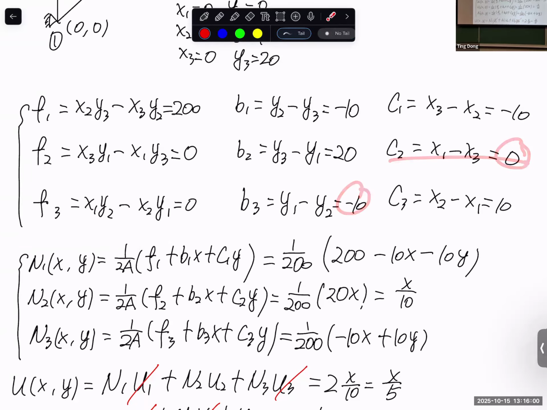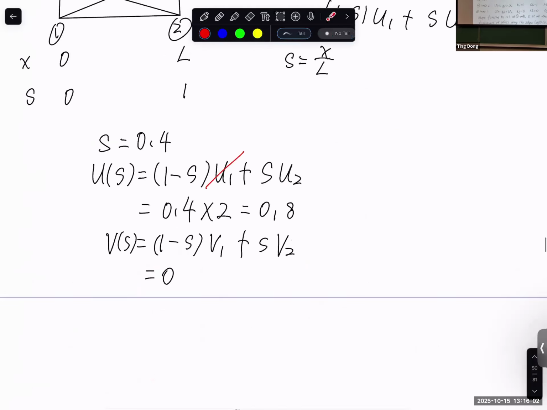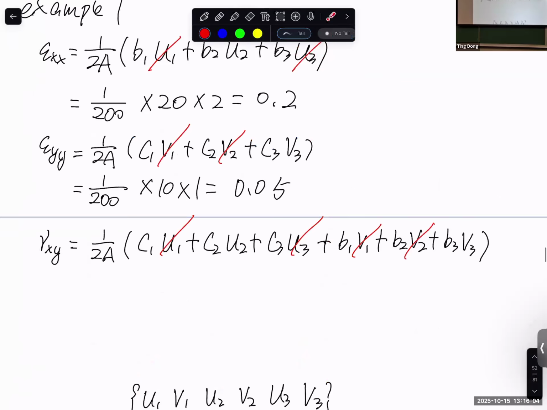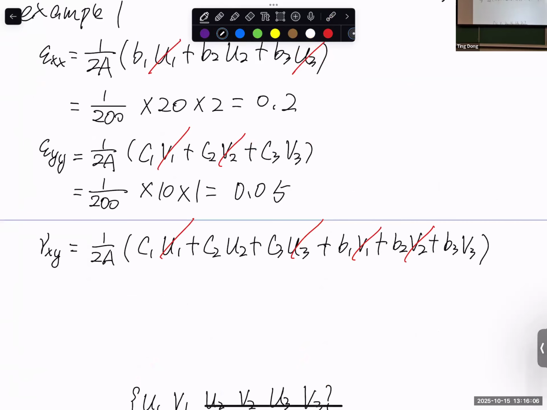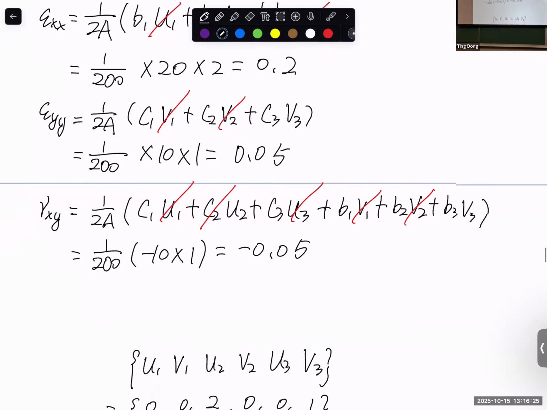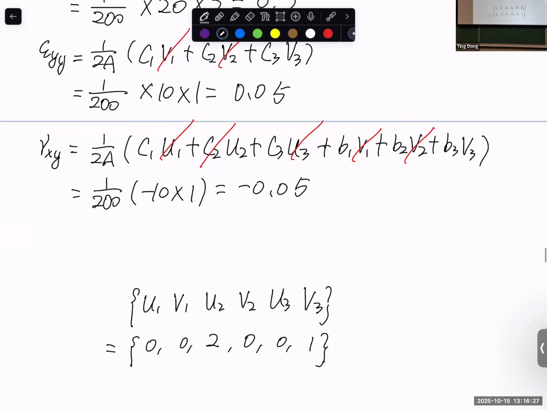So actually, we only have one term because C2 is also 0. So 1 over 200, B3 equals negative 10, V3 equals 1. So this gives the normal strain in x, normal strain in y, and shear strain.